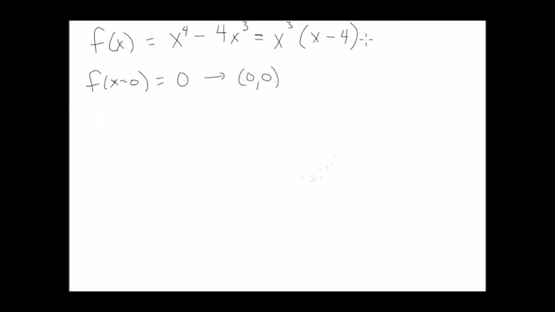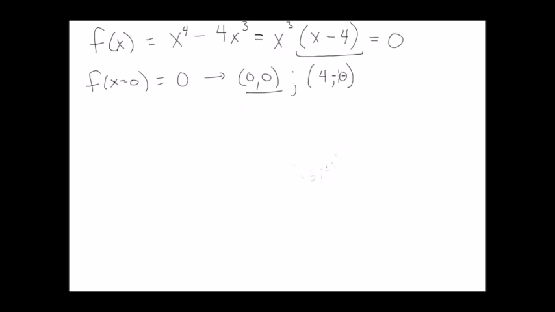We're now going to look for the roots, what makes this function equal to 0. We've already found one of the roots, when x is equal to 0, and the other root is apparent from this factoring. It's going to be when x is equal to 4, that will make this expression here equal to 0, making the full expression equal to 0.